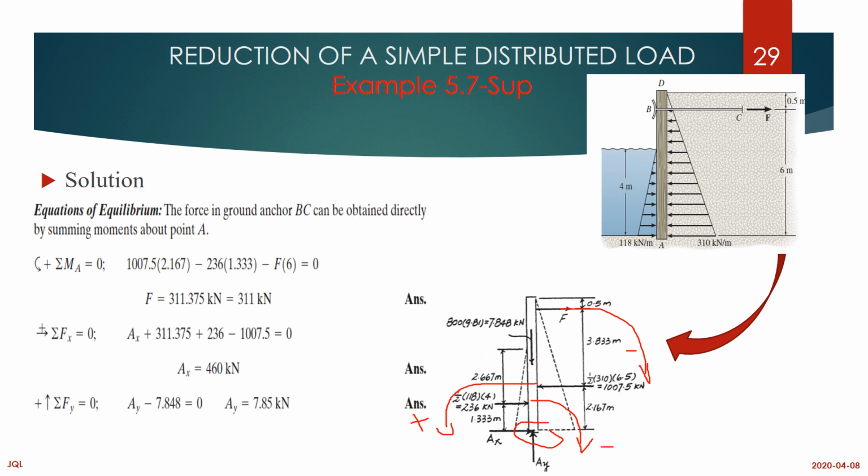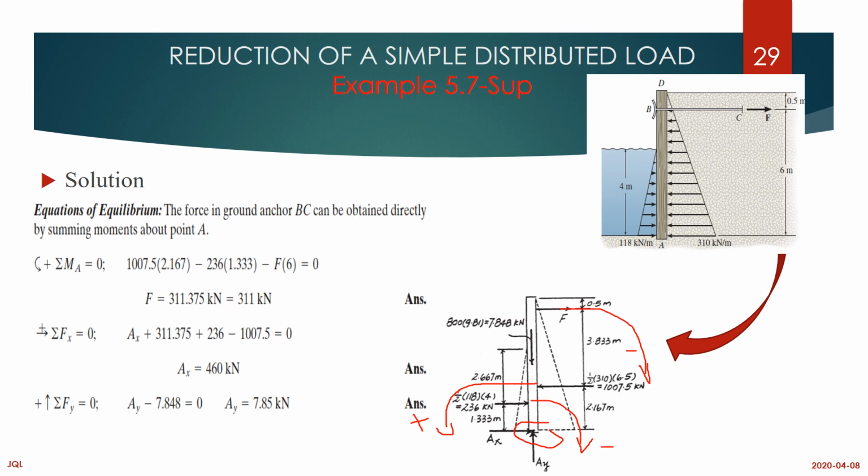Then you come to summation of forces in the x. Depending on which one I've chosen to be the x, in this case the horizontal is the x, which is the F1. The F1 in this case is 311, which is positive. The 107 is going the opposite way, so it is negative.